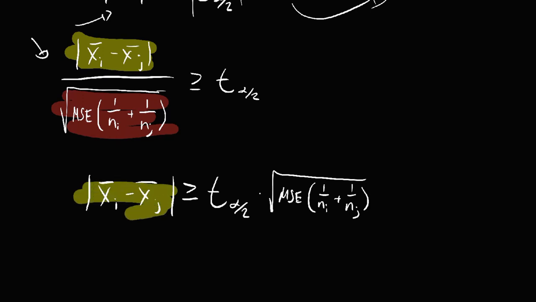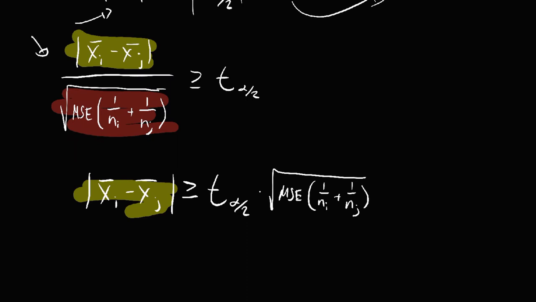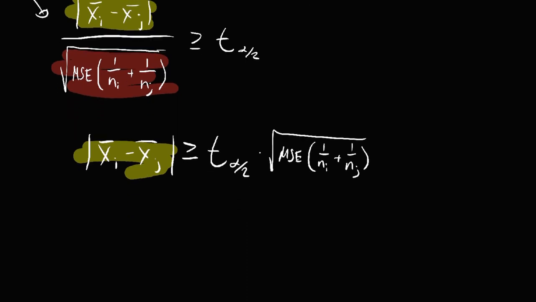So if my mean difference is bigger than the stuff on the right-hand side, then this is considered to be a statistically significant difference. So the stuff on the right-hand side is the smallest difference possible that's statistically significant, or we can call it the least significant difference, this LSD.